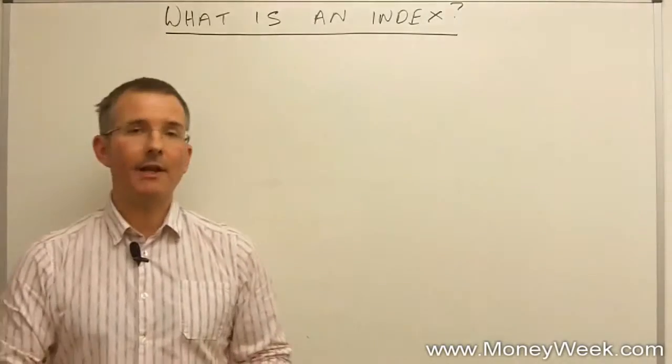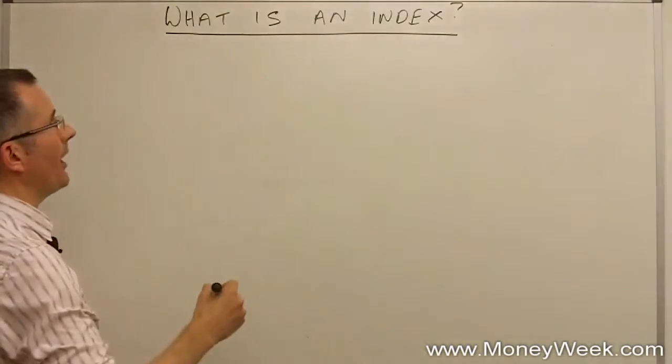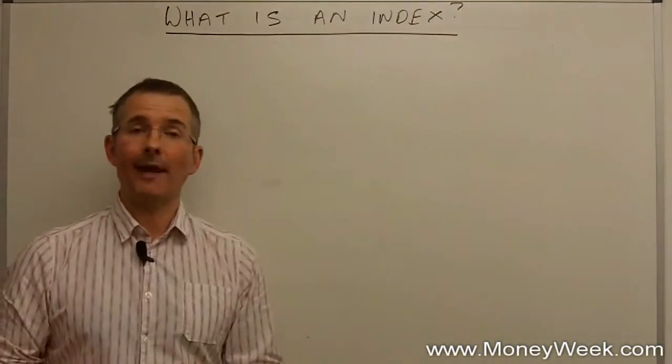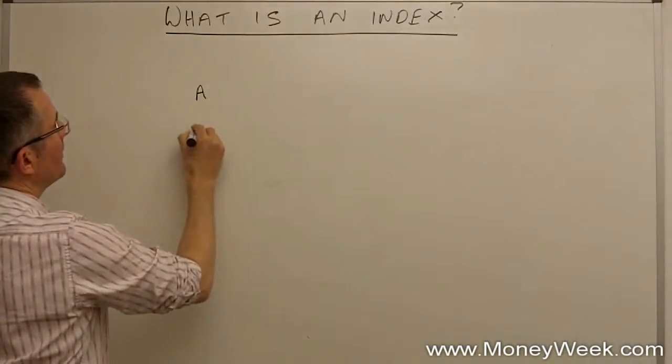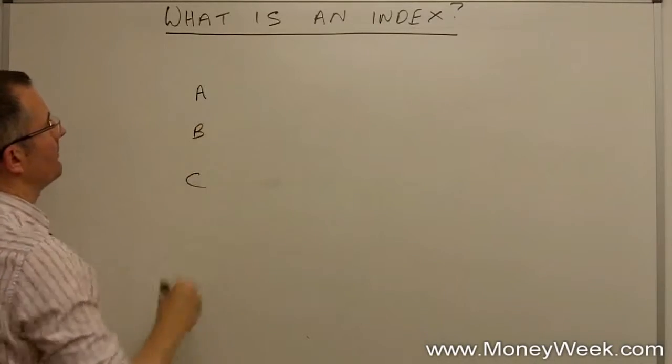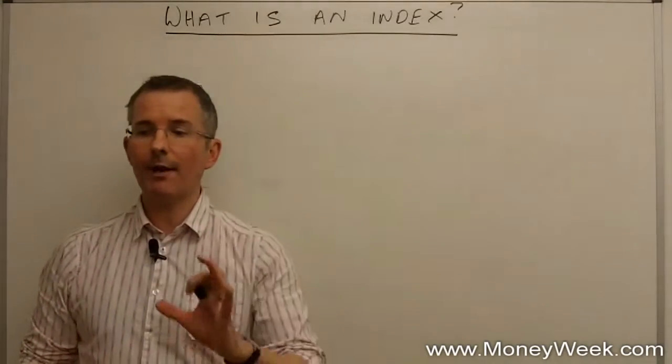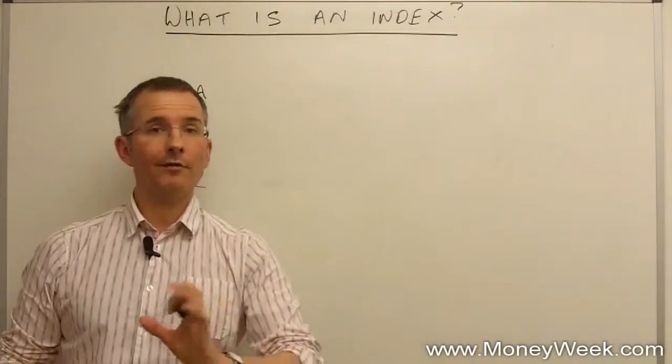Right, so to put an index together, I need to find some constituents to go in it. So let's have three companies, simply called A, B, and C. It's going to be an index of just three firms.